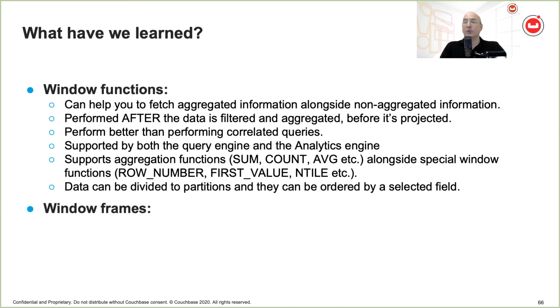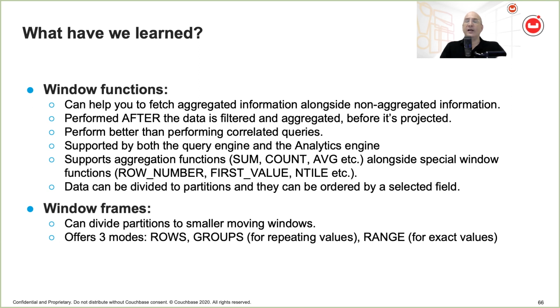We've also explored different window frames, which are selected rows within the current partition that are moving with the current row. We've learned that frames can be created with the rows mode, or the groups mode, or the range mode. You can also exclude specific rows or groups from the frame if you're using the exclude clause.